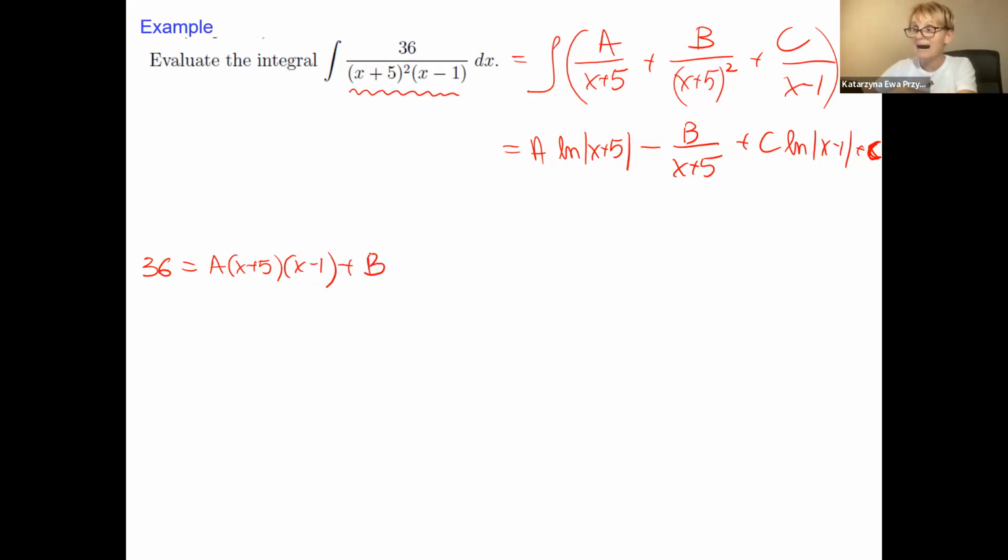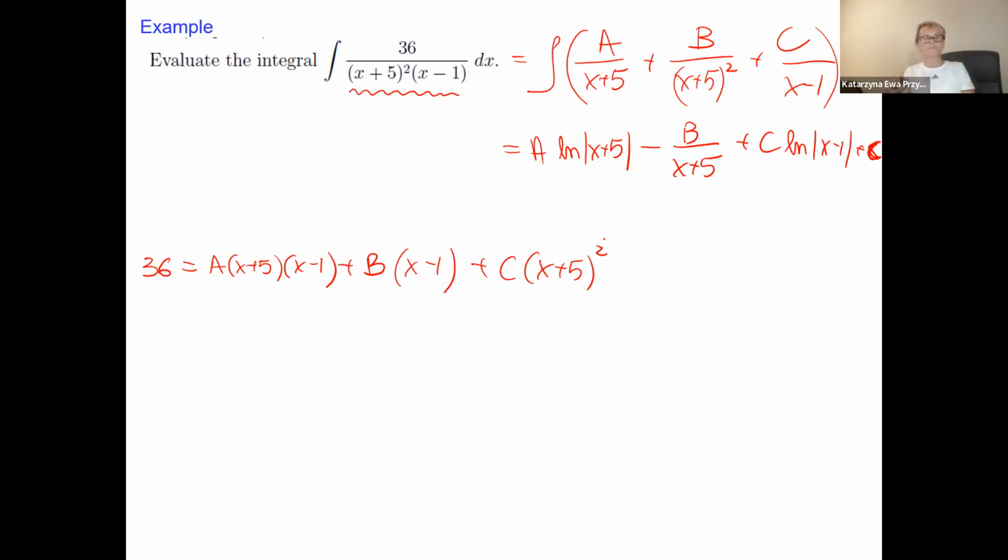Now b. Underneath b, we have x plus 5 squared. That means we are good with this one. We're just missing x minus 1 for the common denominator. Now, c has x minus 1, that means it doesn't have the component of x plus 5 squared.